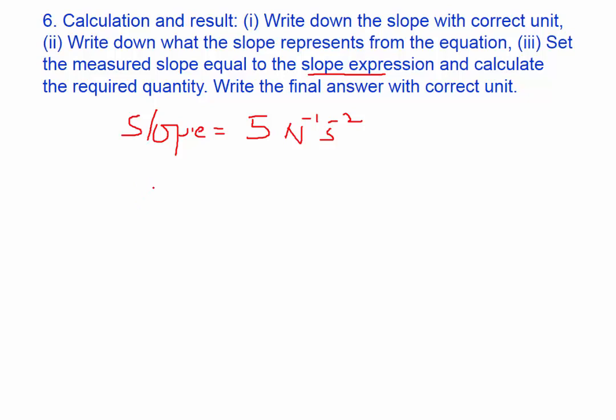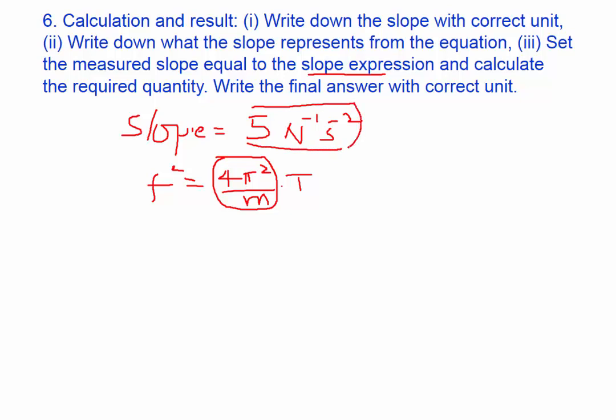Well, the equation was this: f squared equal to 4 pi squared over m times T. Now, this is the slope expression. This is the slope of the graph for this particular graph. And the value of this expression is this.